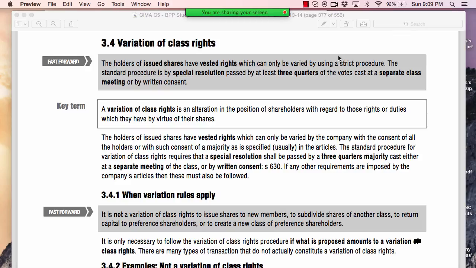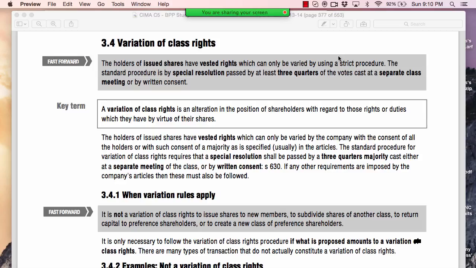Yeah, correct. So here what we're saying is you need to pass a special resolution with 3/4 of the votes, and you link it to a separate class meeting or written consent. So when there is a variation of class rights, you have to do a lot of things here.